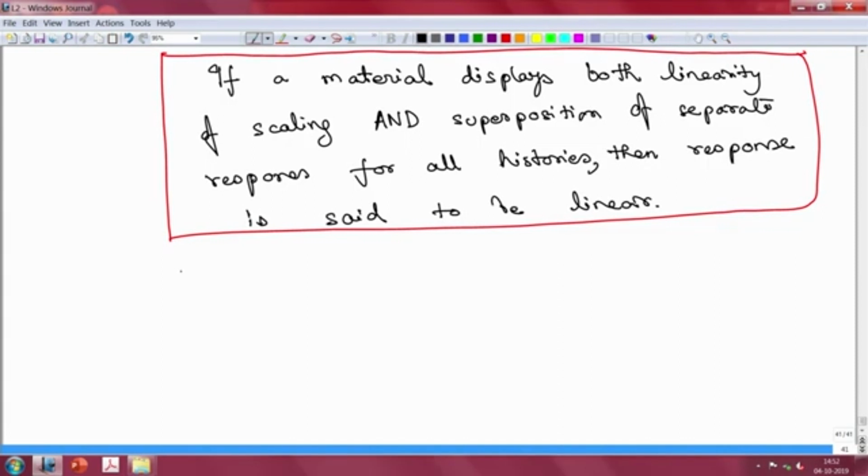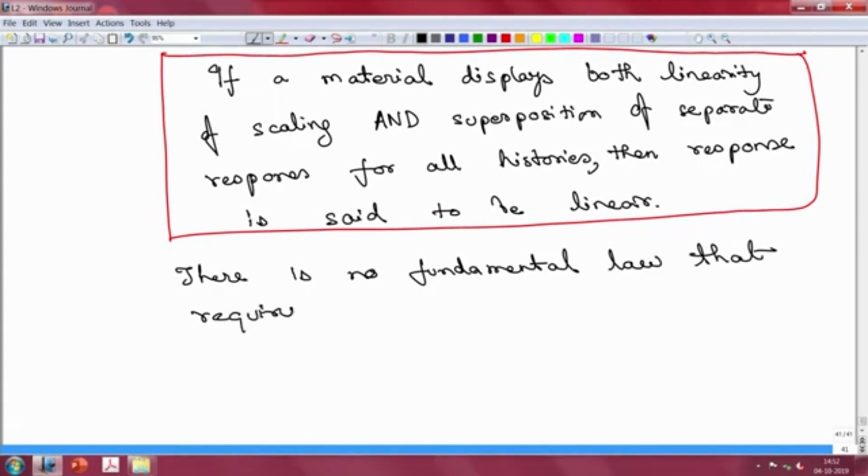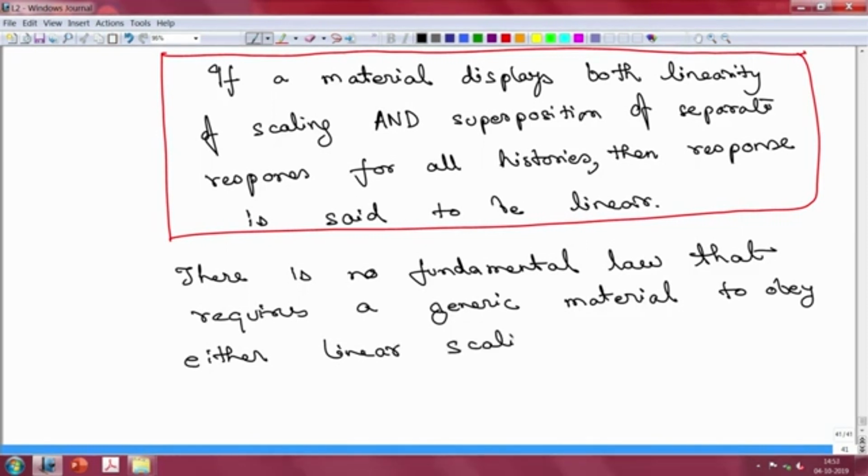And we will also note that there is no fundamental law that requires a generic material to obey either linear scaling or superposition of separate responses.